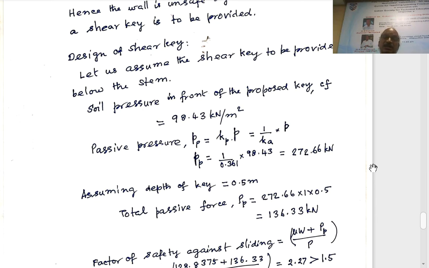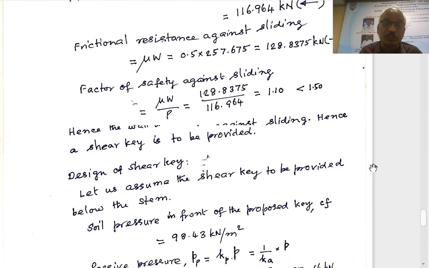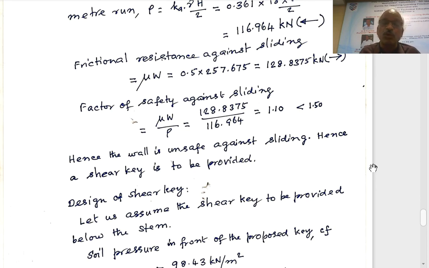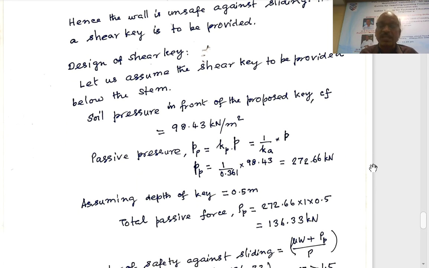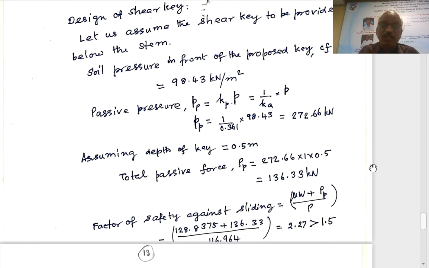This is the additional resisting force available. Already there is a force of mu W, which is 128.8375. Now the additional resistance will be 128.8375 plus 133.33, against the force causing the sliding.